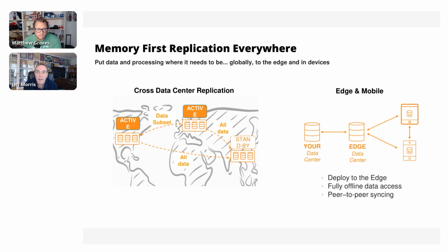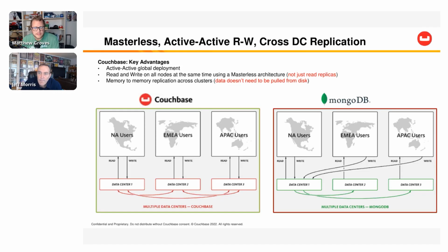Other comments here, Matt, on the XDCR? Really, just the next slide there, I think, is going to demonstrate the main difference here between Couchbase and Mongo: we have a fundamental difference of how we geo replicate. So each of our clusters is, or at least can be, set up as an active deployment, so it can handle both reads and writes. If you look over at Mongo, what they essentially do is just take a single cluster and spread it out amongst multiple data centers.